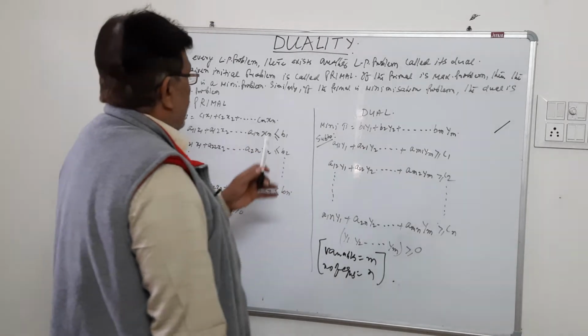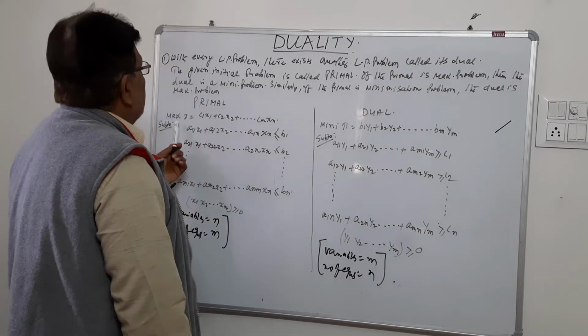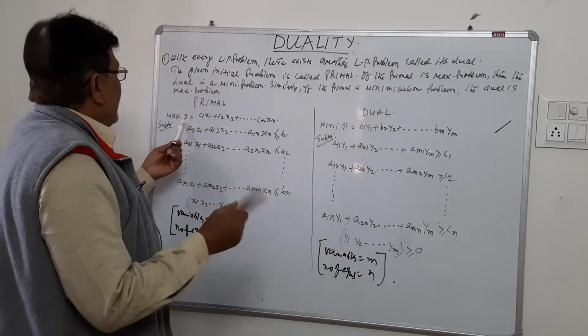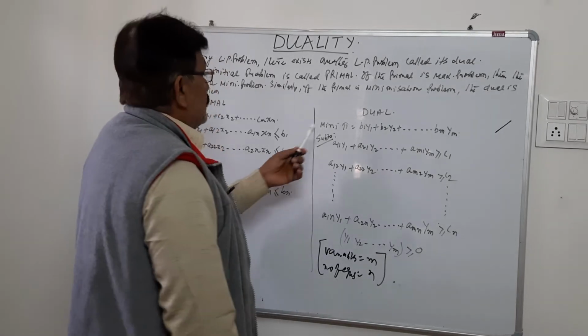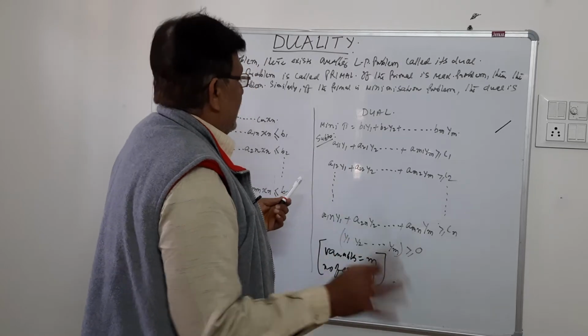Now come to the dual. Since the primal is a maximization problem, as we have told, our dual would be a minimization problem. Z was a quantity to be maximized, so definitely there would be another quantity which would be minimized. Say this is pi. Pi may stand for cost or anything.